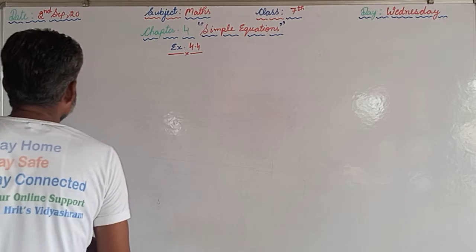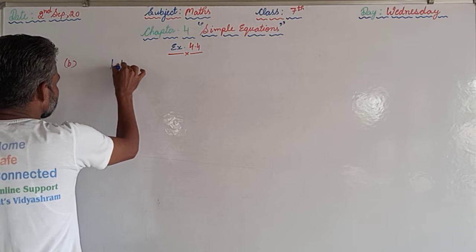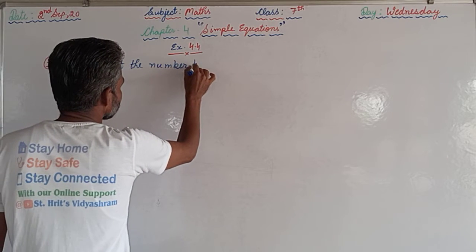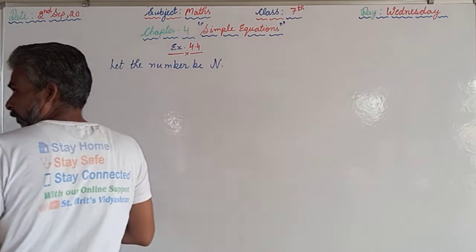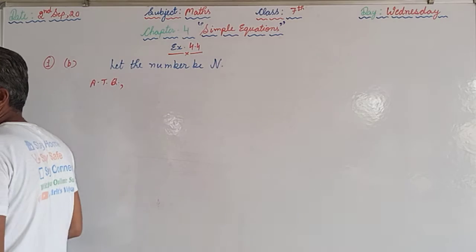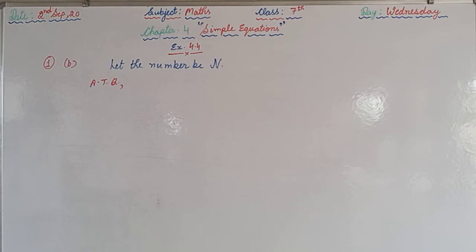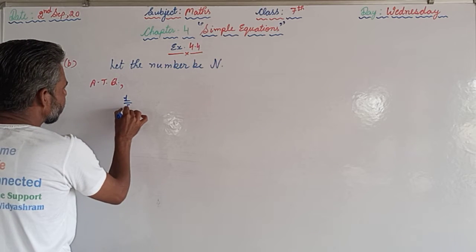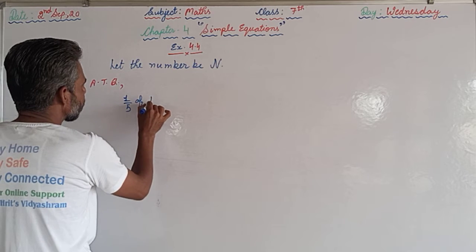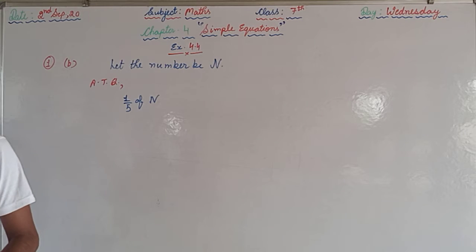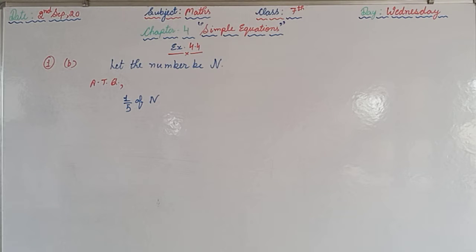Let the number be n. So according to the question, 1/5 of a number, and the number is n, so 1/5 of n, minus 4 gives 3.